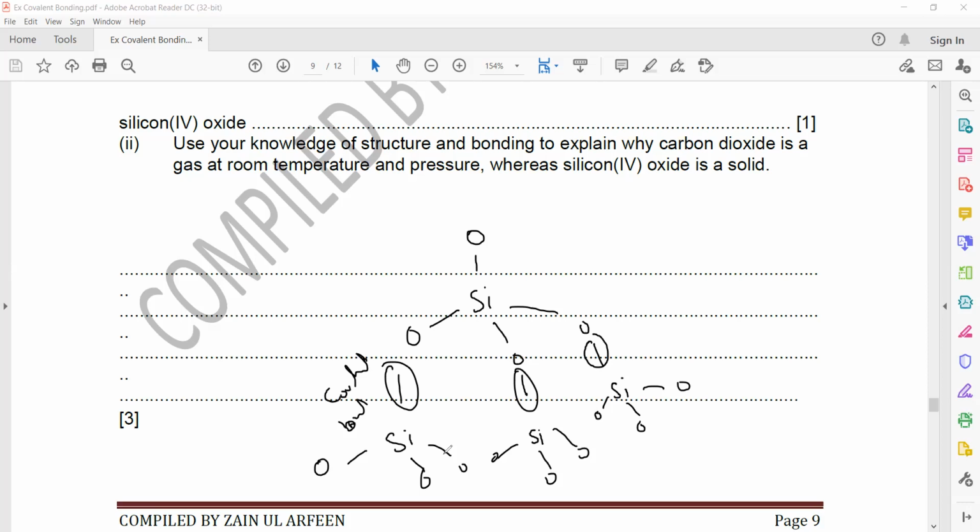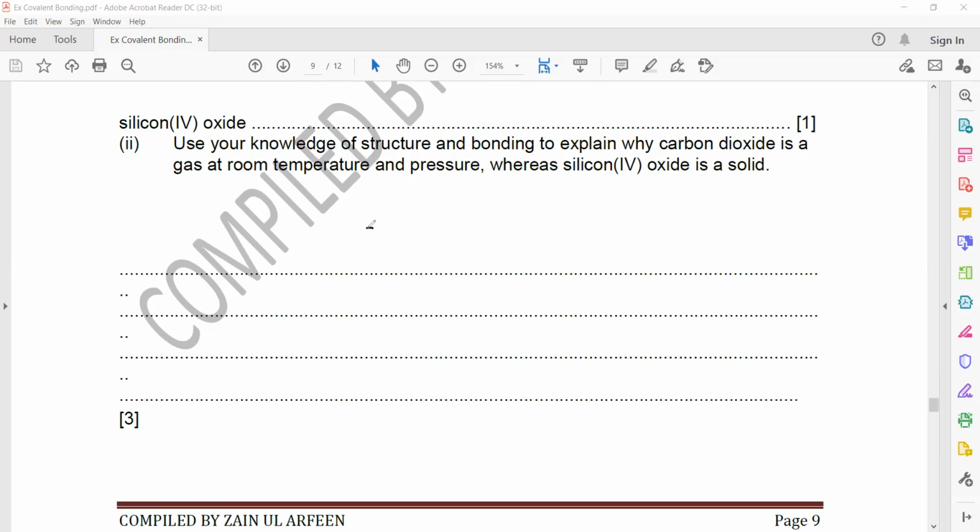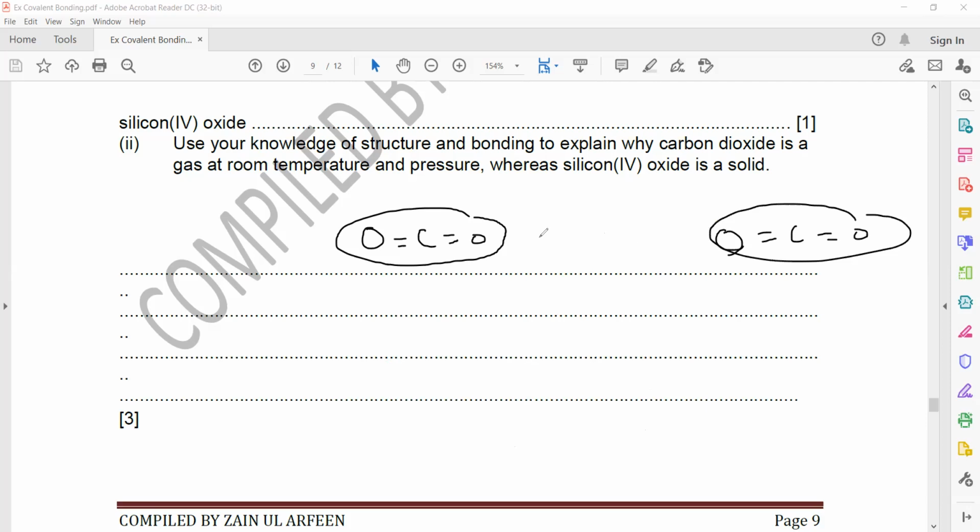Is it clear? Yes, sir. So basically the idea is that in carbon dioxide, this is one molecule of carbon dioxide and this is another molecule of carbon dioxide, but these molecules are not connected by any covalent bond. They have attraction because of nucleus and electrons, but that is weak.